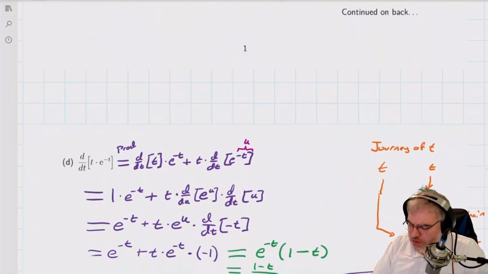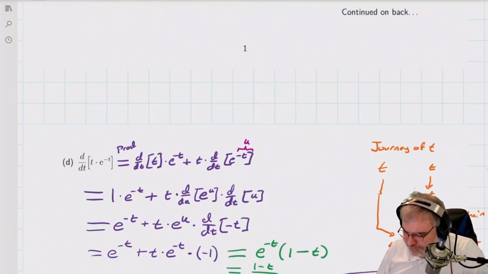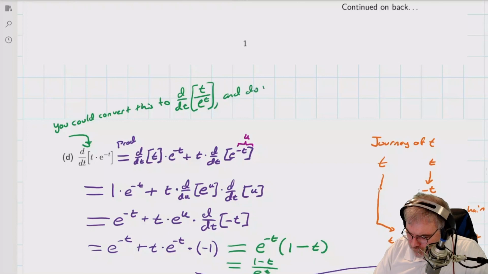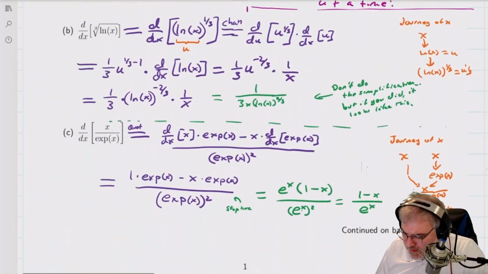You could convert this to the quotient and do it the other way. And I should say that you can do this with product and chain.